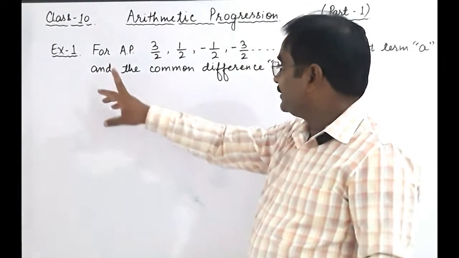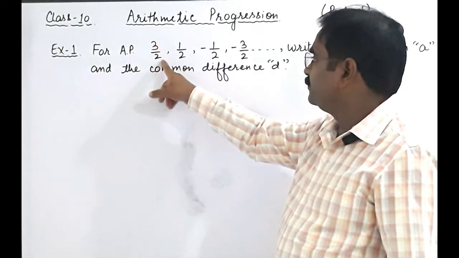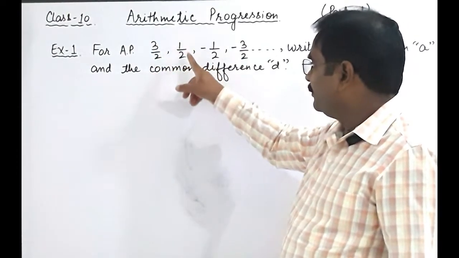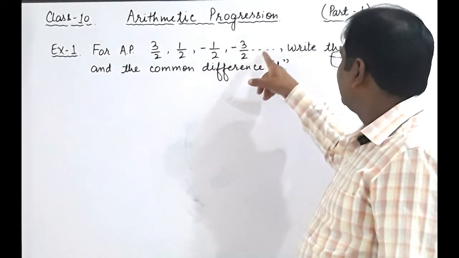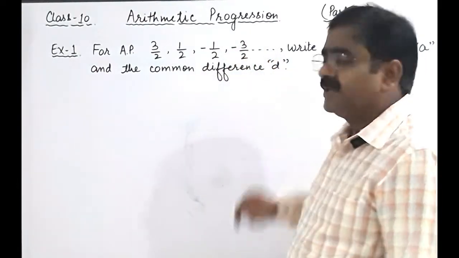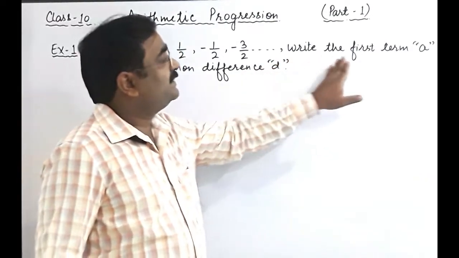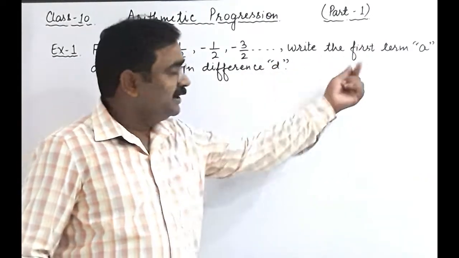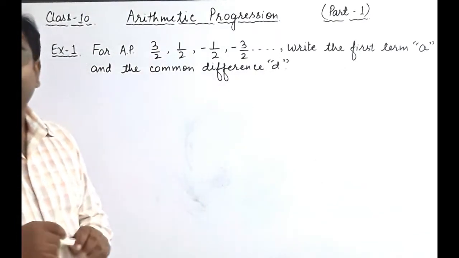In this example it is given that for an AP, 3 by 2, 1 upon 2, minus 1 upon 2, minus 3 upon 2, etc. This is the arithmetic progression given, and the question is asking to write its first term small a and the common difference small d. These we have to find.